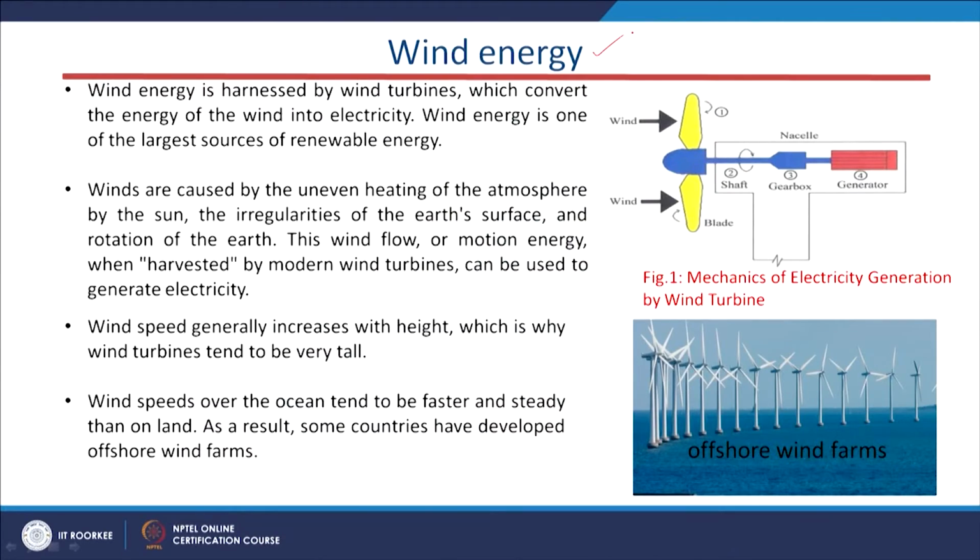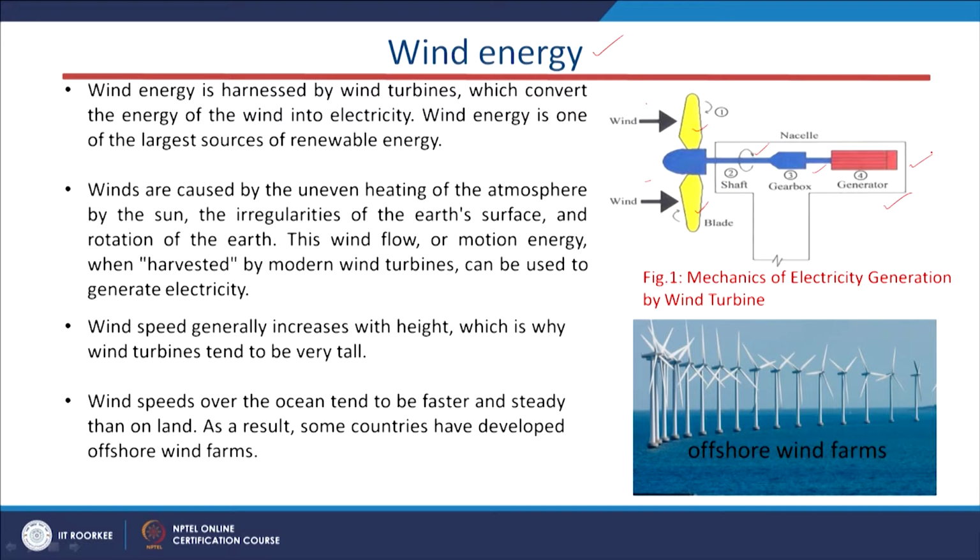Now, I will discuss what this wind energy is. If you see this figure, it is a schematic figure of the wind energy system, where I have shown these two arrows, basically the wind flow, and these are the blades, and we have the shaft, the gearbox and the generator.